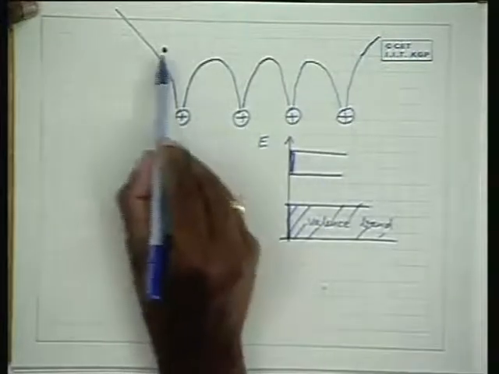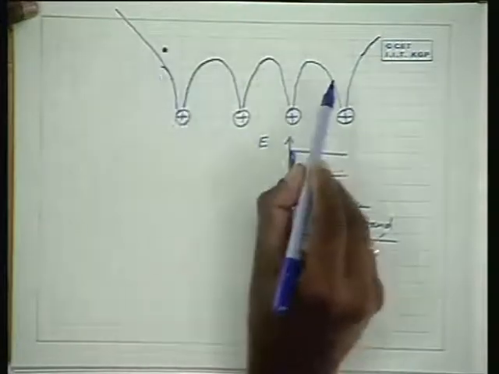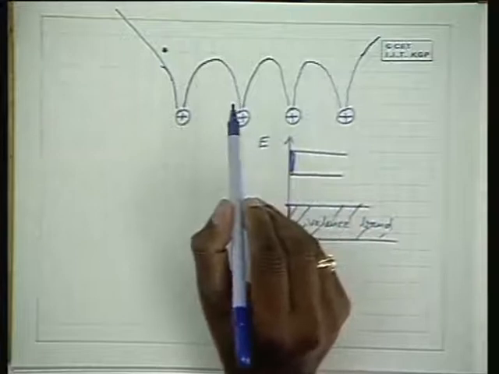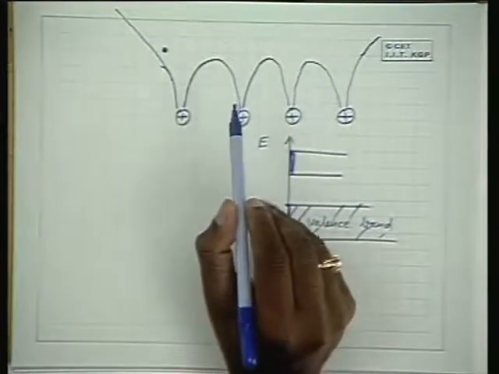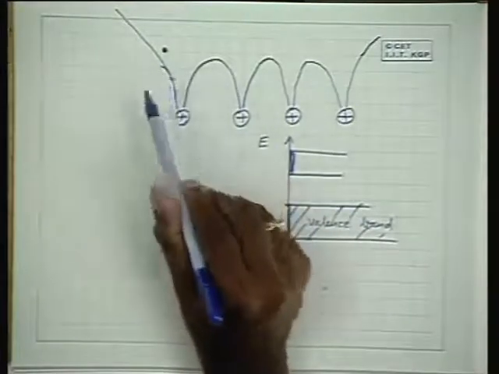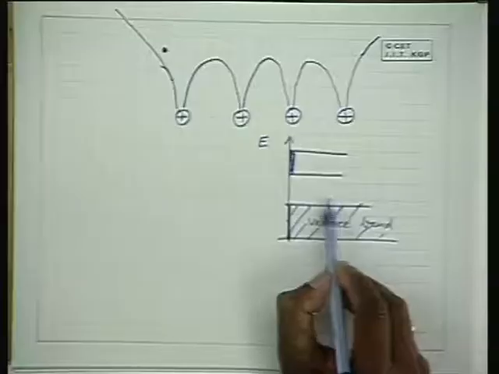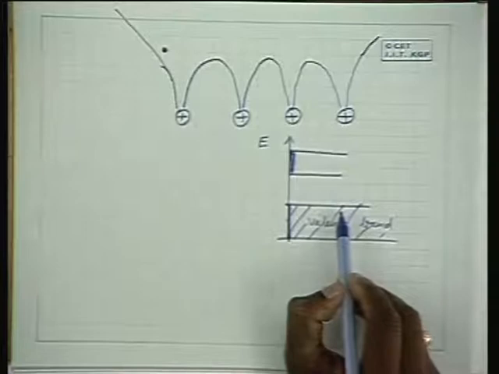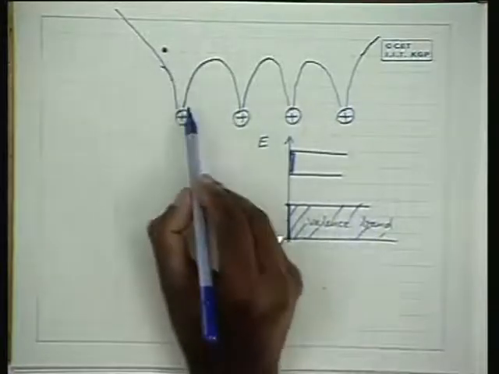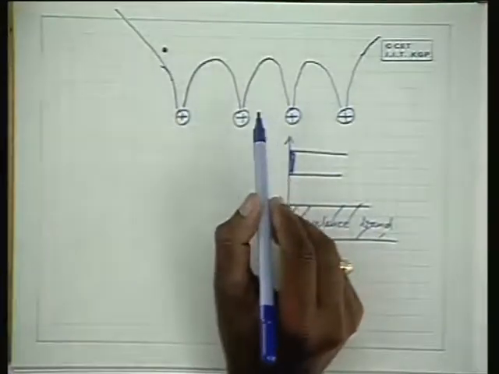I repeat, when an electron is subjected to this kind of varying field, and you analyze this problem mathematically and see what kind of energies the electron possesses, we find that the electrons possess some discrete energy levels. So, they cannot possess these energy levels. Why? Because of this kind of periodic field.